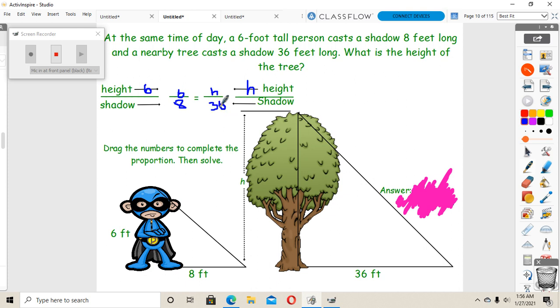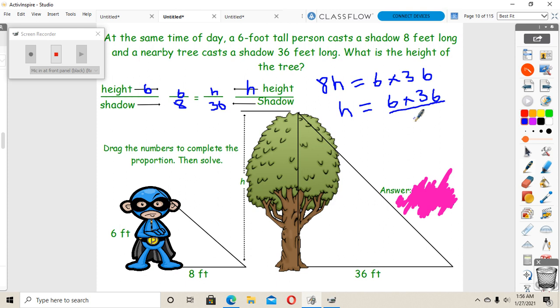Cross multiplication: 8H equals 6 times 36, and then we solve it. Now H equals 6 times 36 divided by 8.